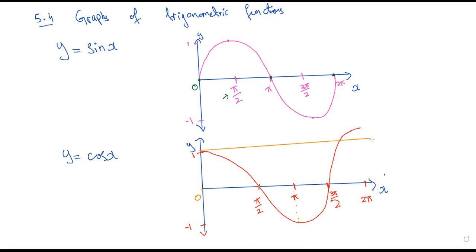I'll make this again. It is something of that type, right? All right, now these are basically the basic shapes of sine and cos. We'll change the function and we'll see the changes in the graph accordingly in tomorrow's class. Okay, that is it for today.